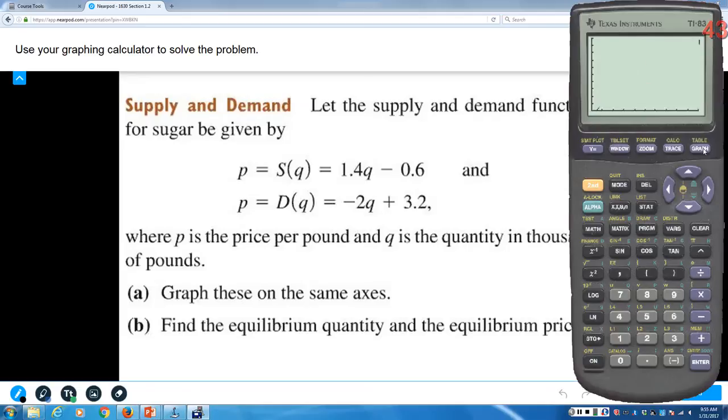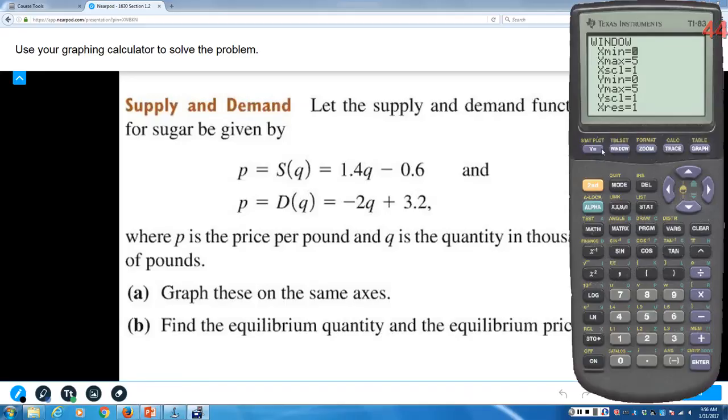I'll look at the graph, and I see there's the first one and there's the second one. So going to 10 was actually way too much. I'll get a little better sketch if I only go to about 5. This one?